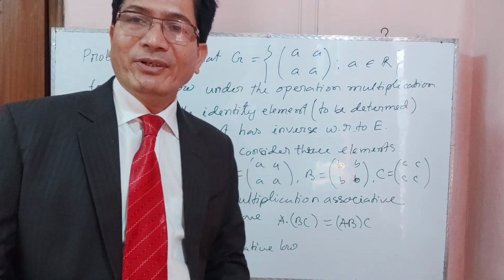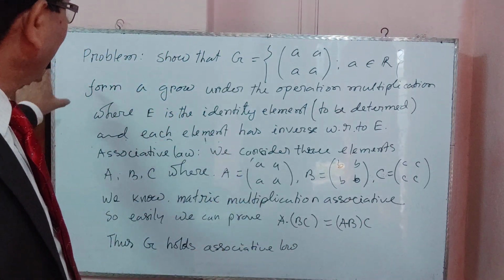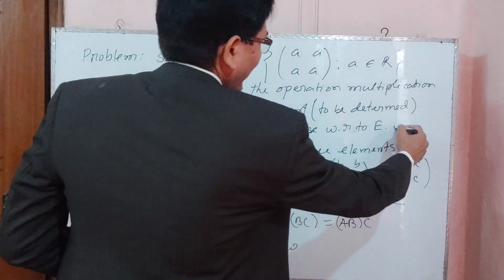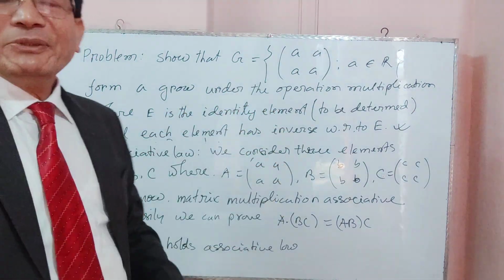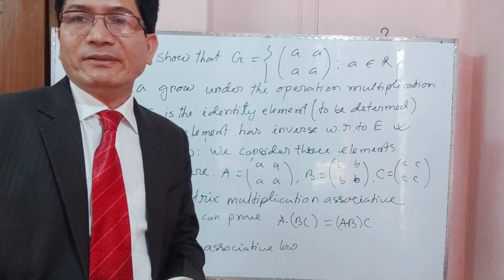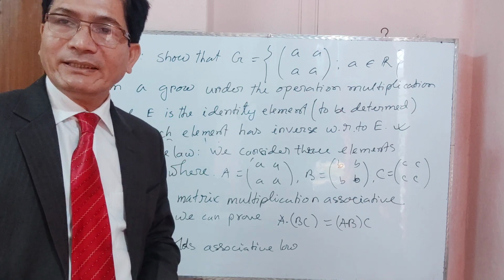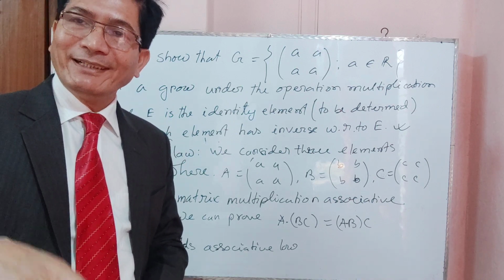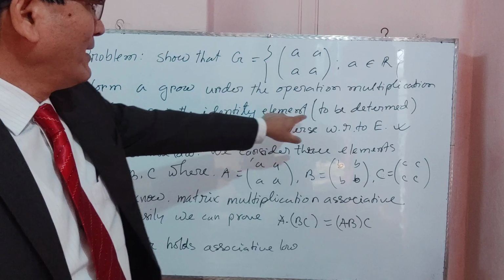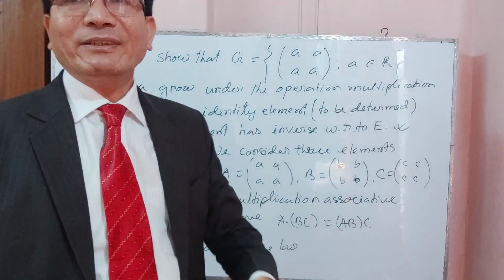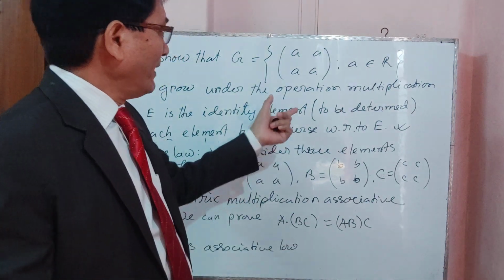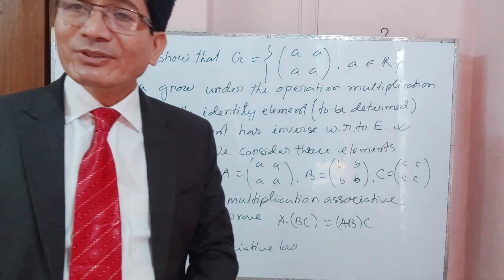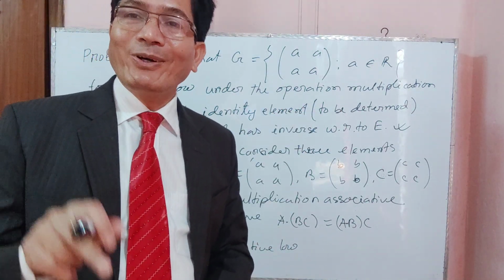Okay, dear students, now we have two properties to prove, and those properties are existence of identity and existence of inverse. Just observe in the problem, the identity element exists, but you have to determine that element. Here, to be determined means you have to determine that element particularly. The identity element of course exists, but you have to determine what it is.